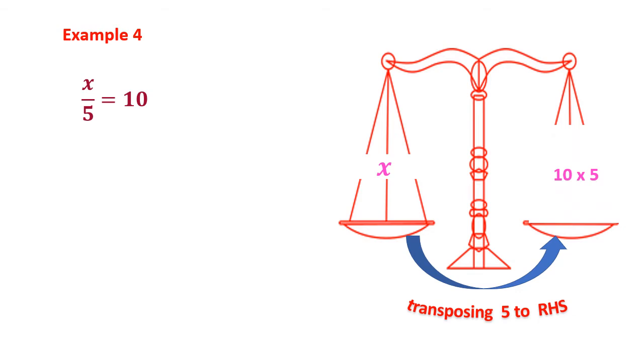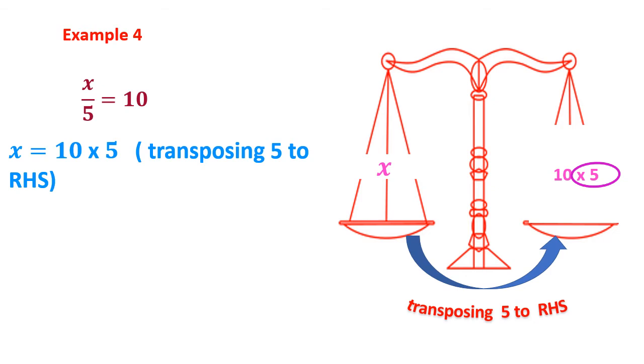So as you can see over here, 5 has got multiplied by 10 and it got eliminated from LHS. In LHS, what is remaining? Only the variable, as the concept says that LHS should have only the variable. And as you all know, 10 5s are 50.